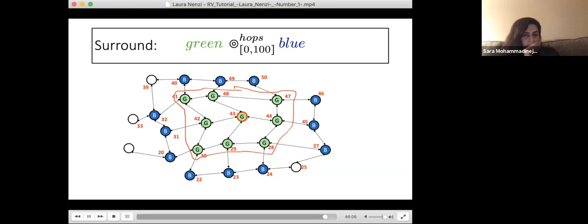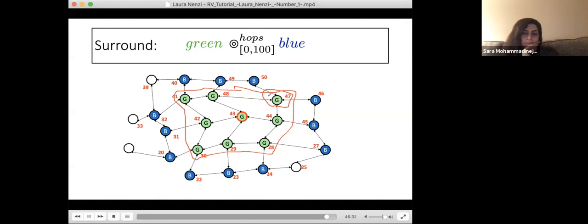Why? Let's, for example, consider this location, 47. So we have a region that is the green region, where all the elements are at a distance less than 100 from the location L47 for sure.